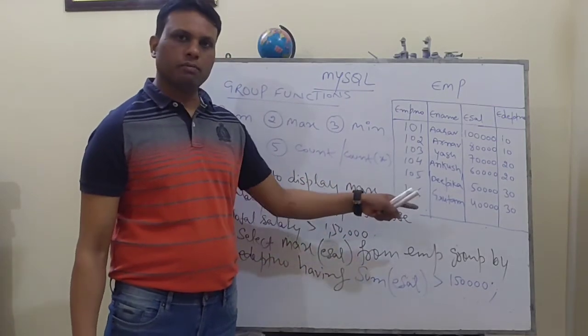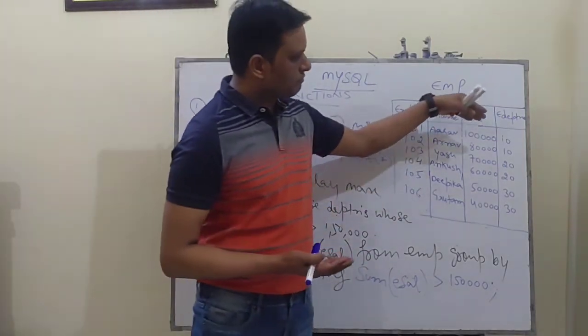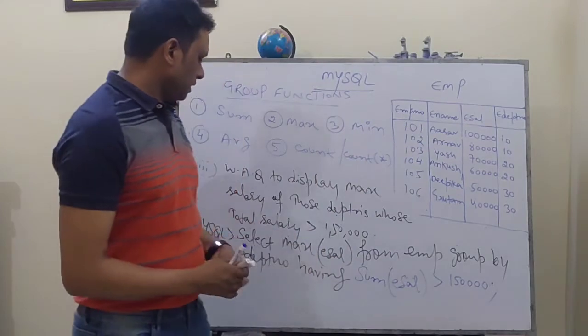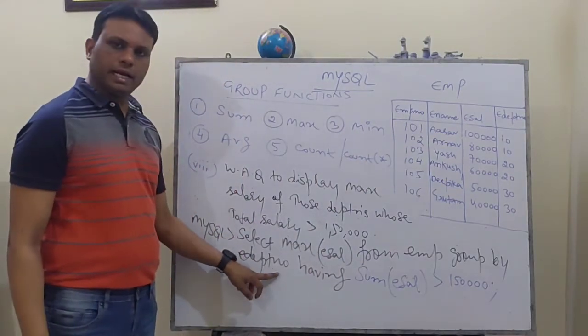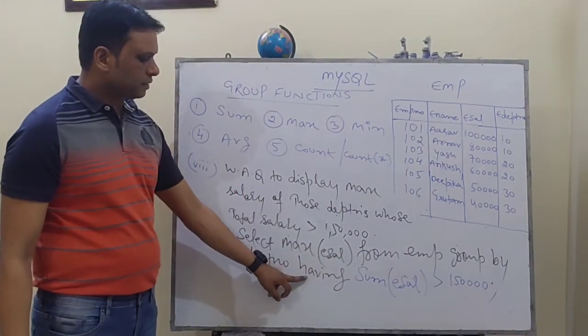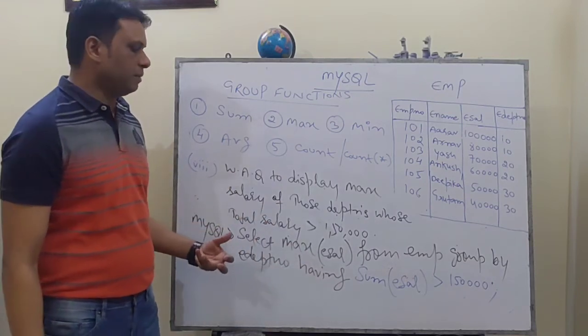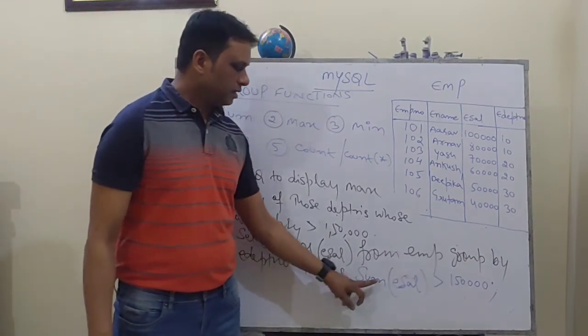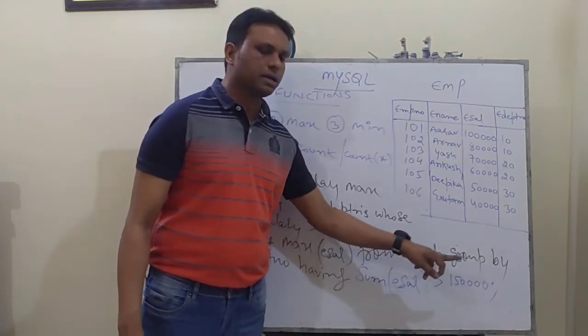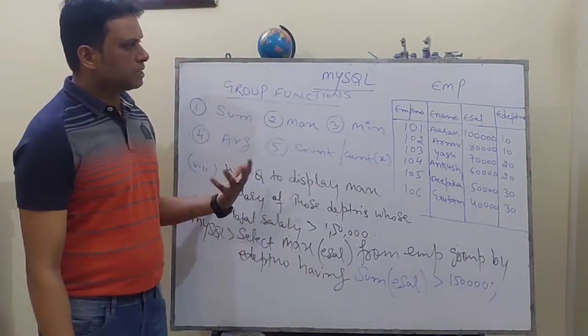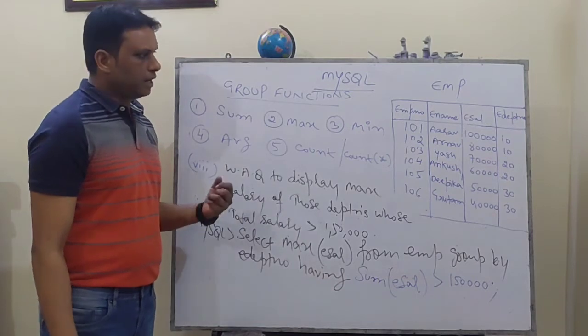So in this query, maximum salary from EMP group by. What is the function of group by? It groups those values together which are same. Then group by E department number. Having is used for the conditional part in the group function, whose total salary is greater than 1,50,000. Can you guess the output of this?